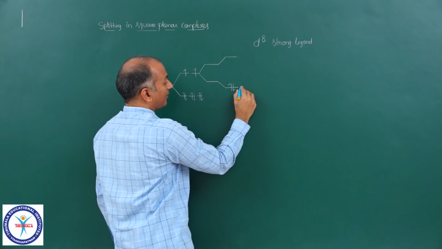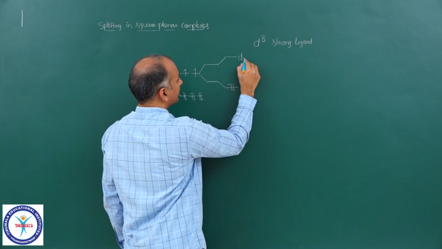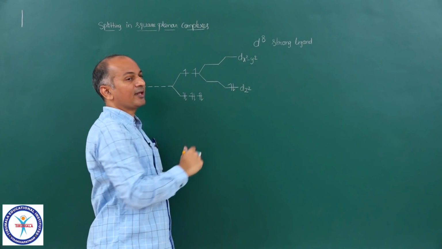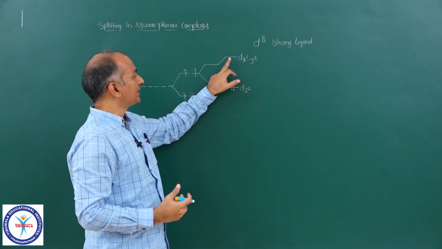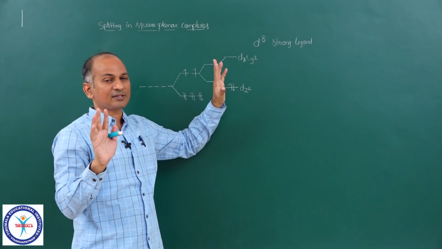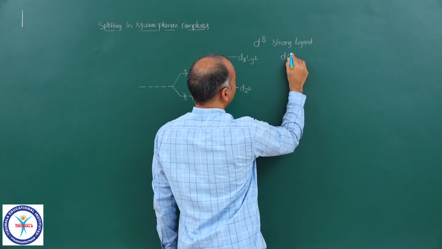So now it will be like this. And what is this orbital? dz square. And what is this orbital? dx square y square. Now this is the square planar case. Completely these two ligands are removed, and this d orbital gets vacant. And if you remember, in all the square planar complexes, the hybridization is dsp2.